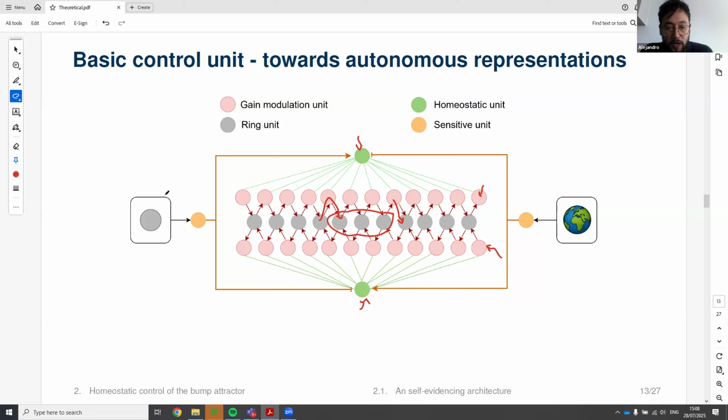So you have some sort of reference signal coming into this network, and then you have some sort of feedback from your body, or in this case, from the internal representation. The ring itself is connecting here. And essentially you get direct opposite effects on the particular environment that these neurons are connected to.